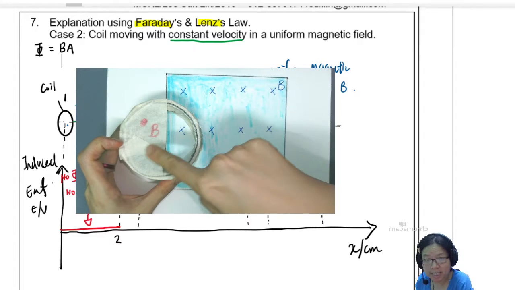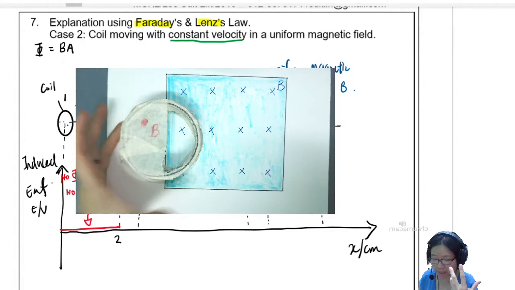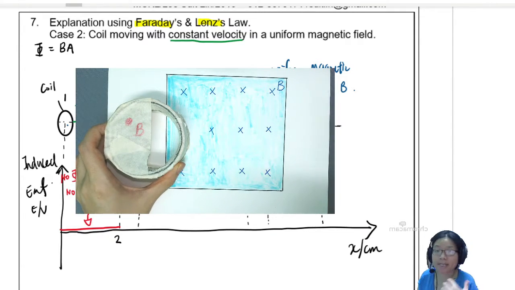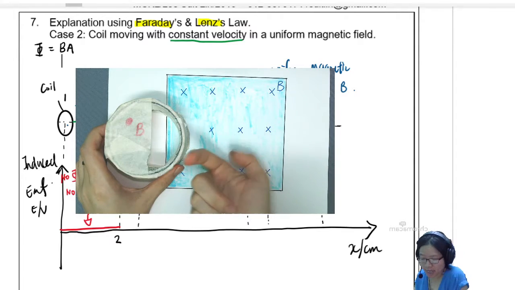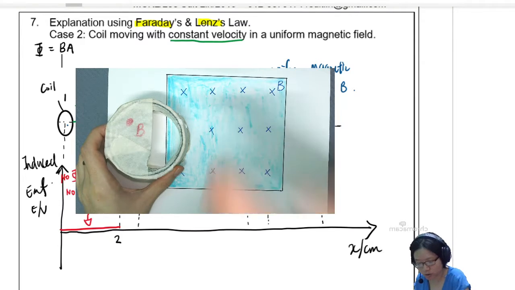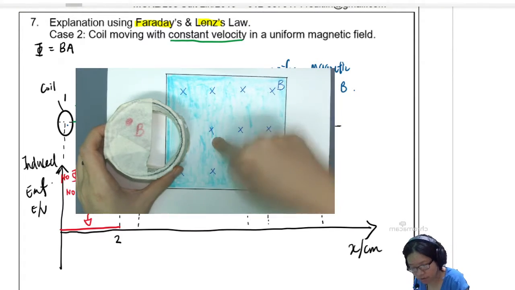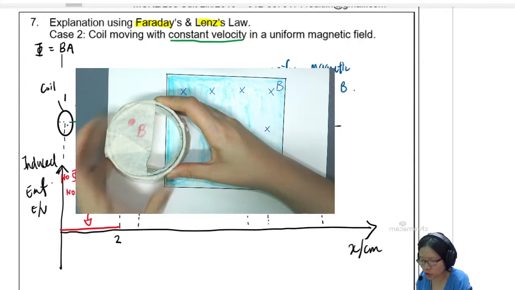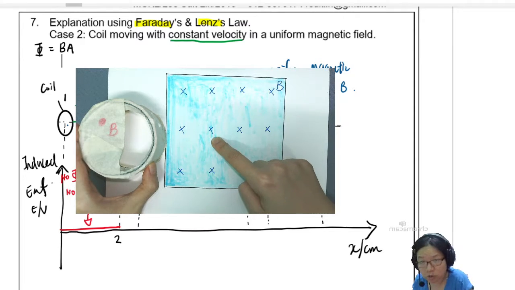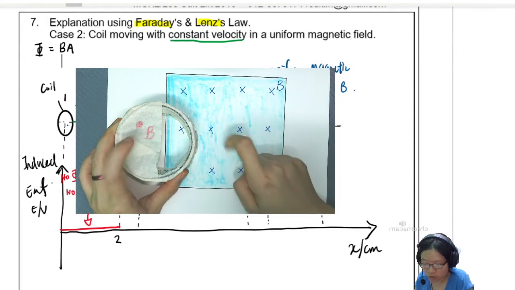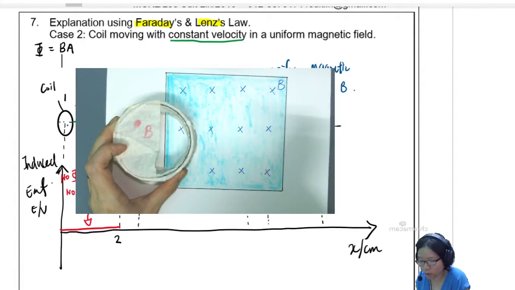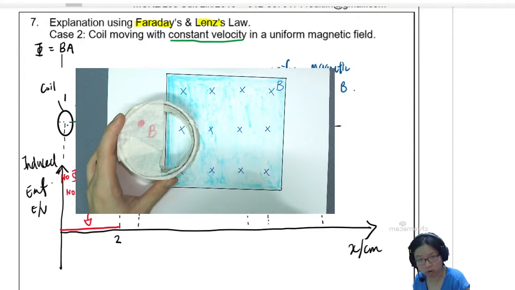What did Faraday say? Whenever you have a flux change, let's say from this position to this position, there's an increase in flux pointing into the paper, because this is cross. The coil does not like this change, so it will create its own dot flux to oppose it, because it went from no flux, living its good life, to having flux. It makes dot flux, out of the plane of the paper, to oppose the flux going into the plane of the paper.